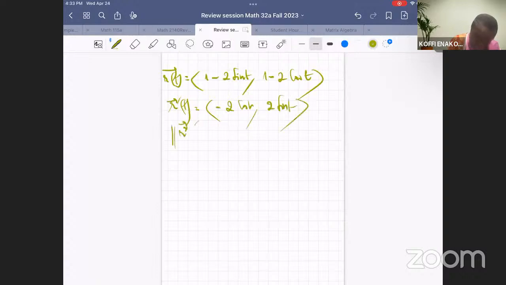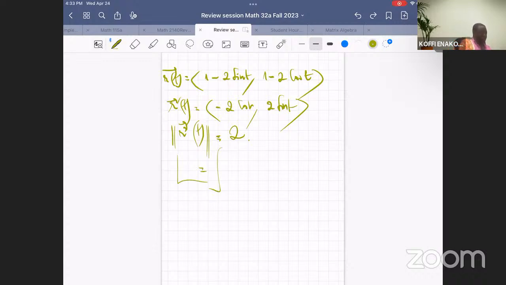So the norm of r prime of t, the magnitude here, is 2. Then the length is the integral from 0 to 2 pi.